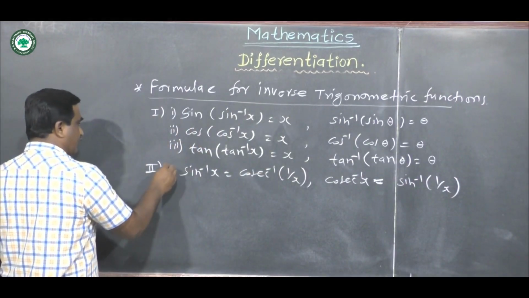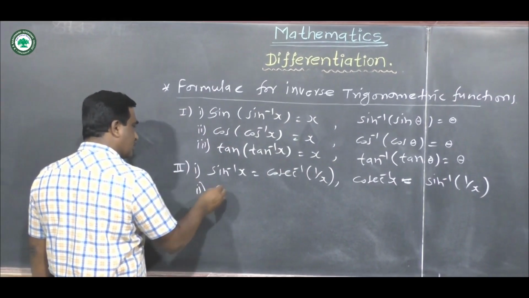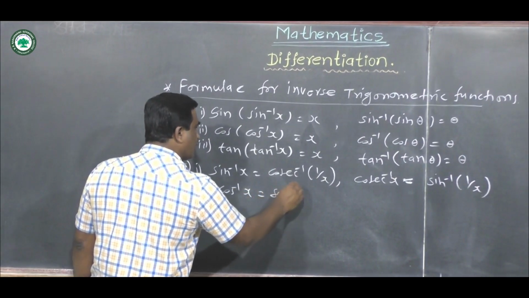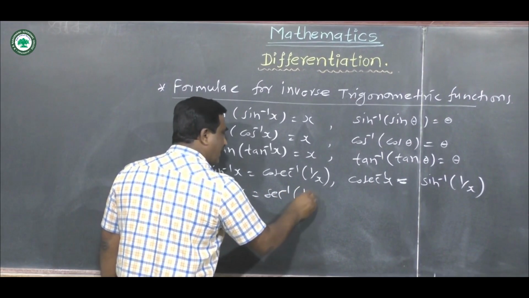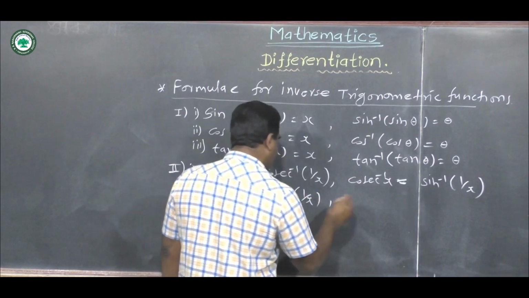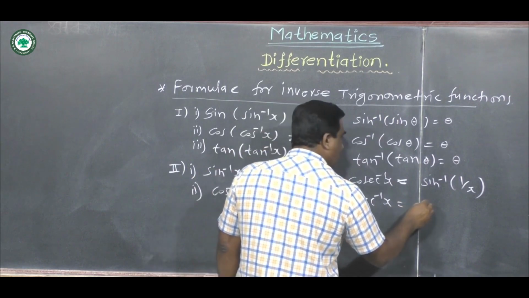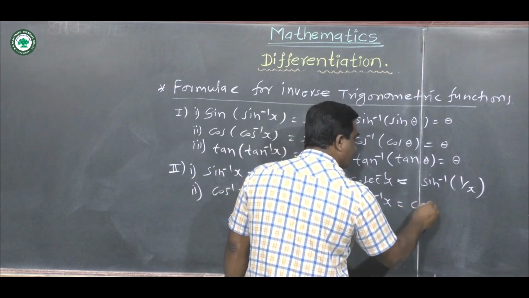Number second, cos inverse of x is equal to sec inverse of 1 by x, and sec inverse of x is equal to cos inverse of 1 by x.